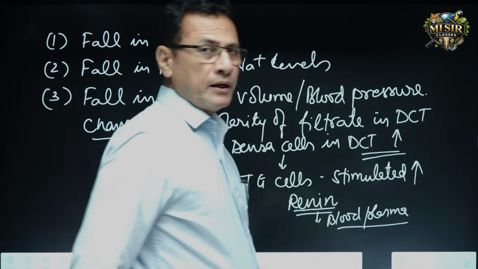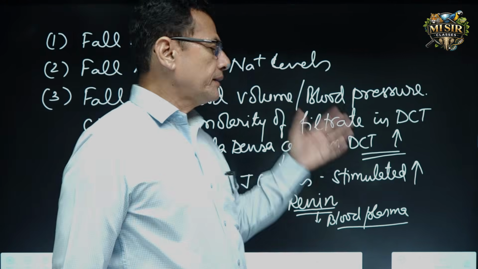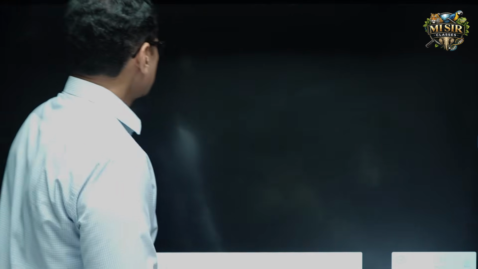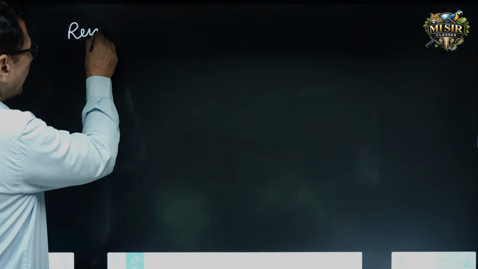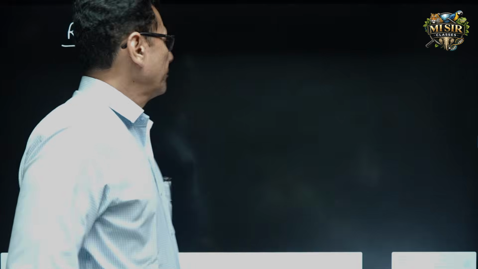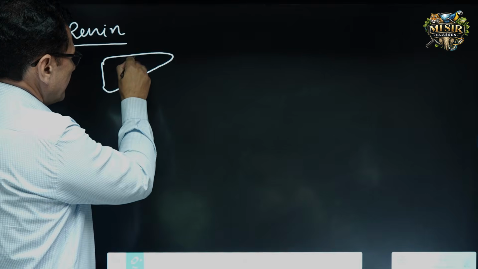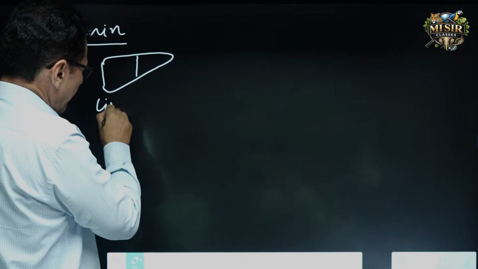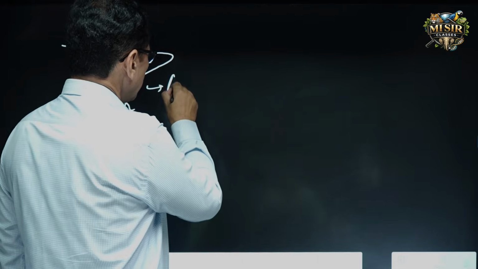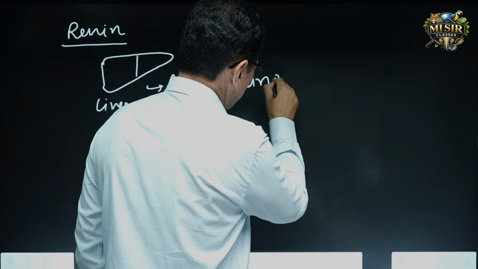What does it do? Let us study the role of renin now. In these circumstances, the levels of renin increase in the blood plasma. What is the function of renin? Renin also acts as an enzyme. There is an organ called liver in our body. This liver secretes a chemical called angiotensinogen.